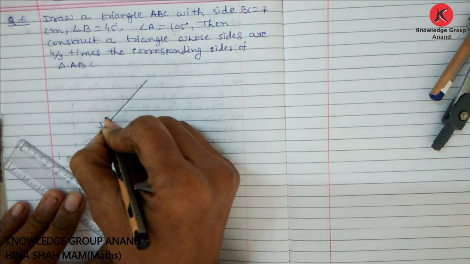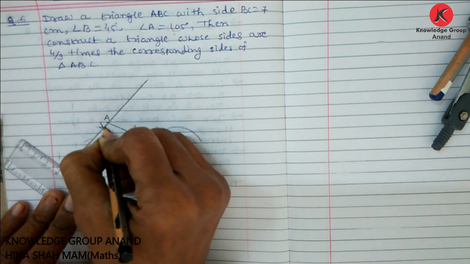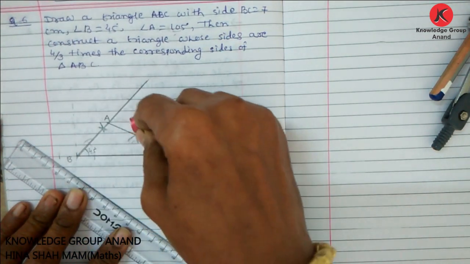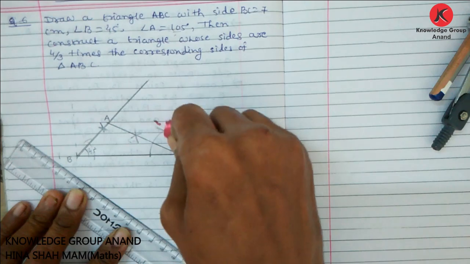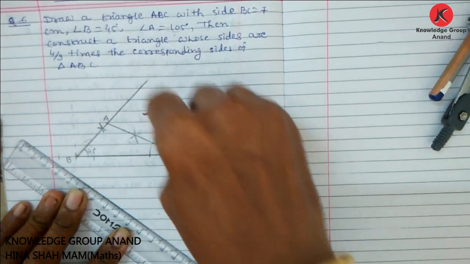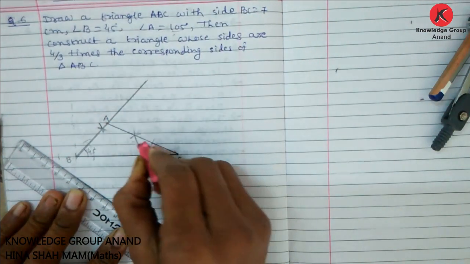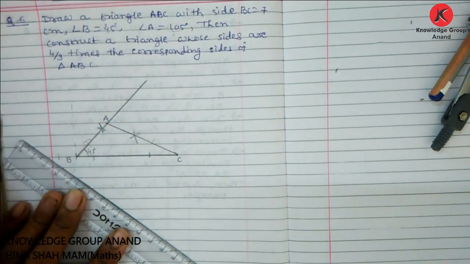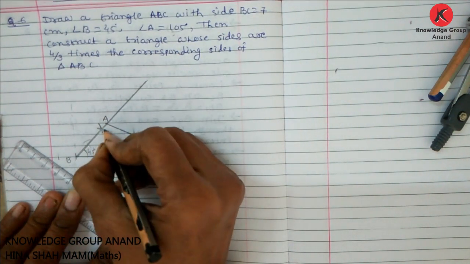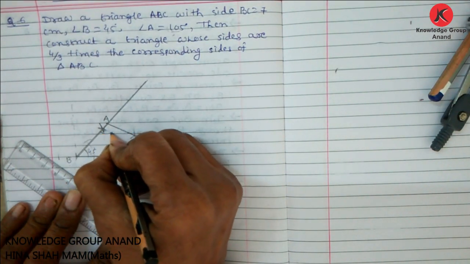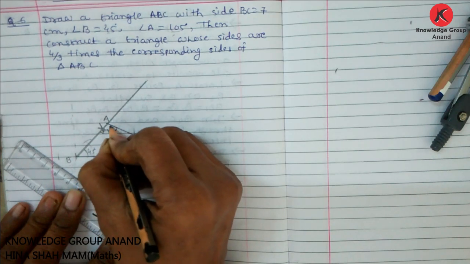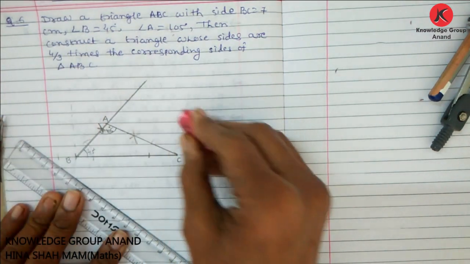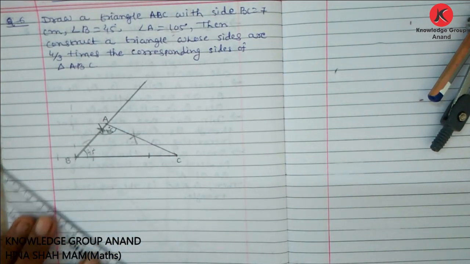It is angle A is also 105. It is not necessary to show that angle C is equals to 30. We draw here angle C is equals to 30 and angle A is equals to 105 degree. Now it is our complete triangle.